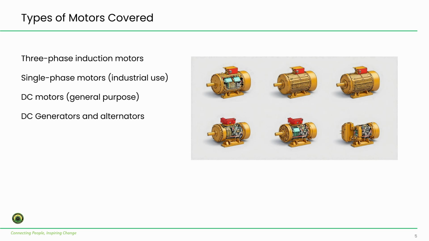General purpose DC motors are covered. Then DC generators and alternators are also part of rotating electrical machines. Generally, a DC machine is called a DC generator, but if it is an AC generator, the alternative name is alternator. So these three-phase induction motors, single-phase motors, DC motors, DC generators, and alternators are covered by this standard.